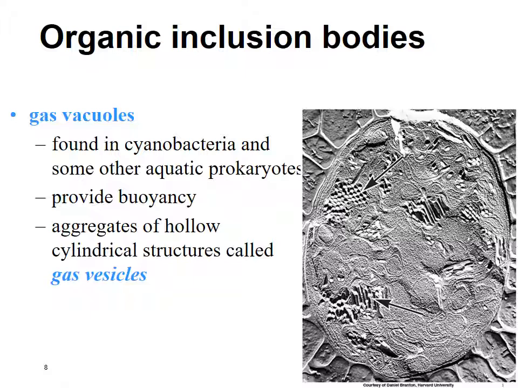So these bacteria can regulate buoyancy to float at the appropriate depth for proper light intensity, oxygen concentration, and nutrient levels. They sink by collapsing the vesicles, and they float upwards when new gas vacuoles are constructed.